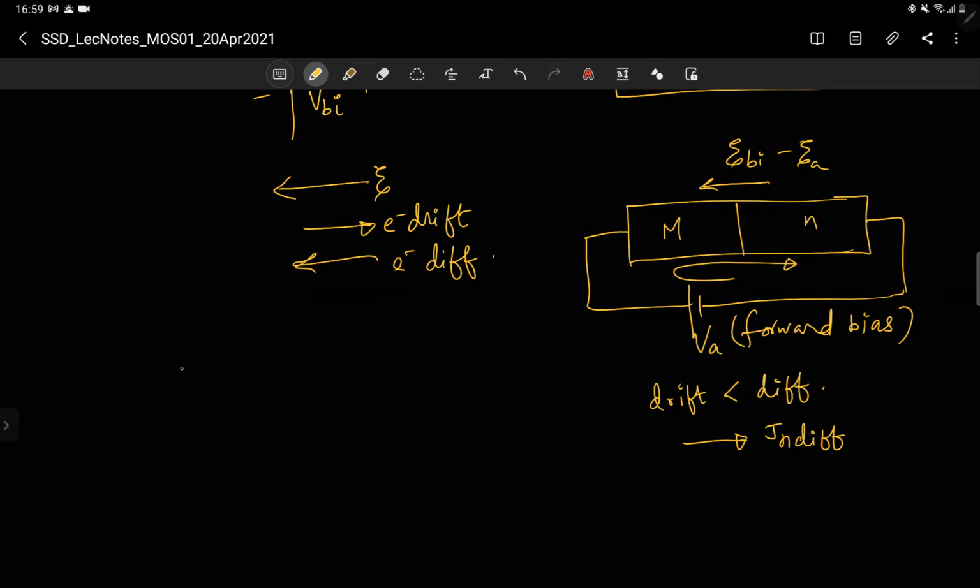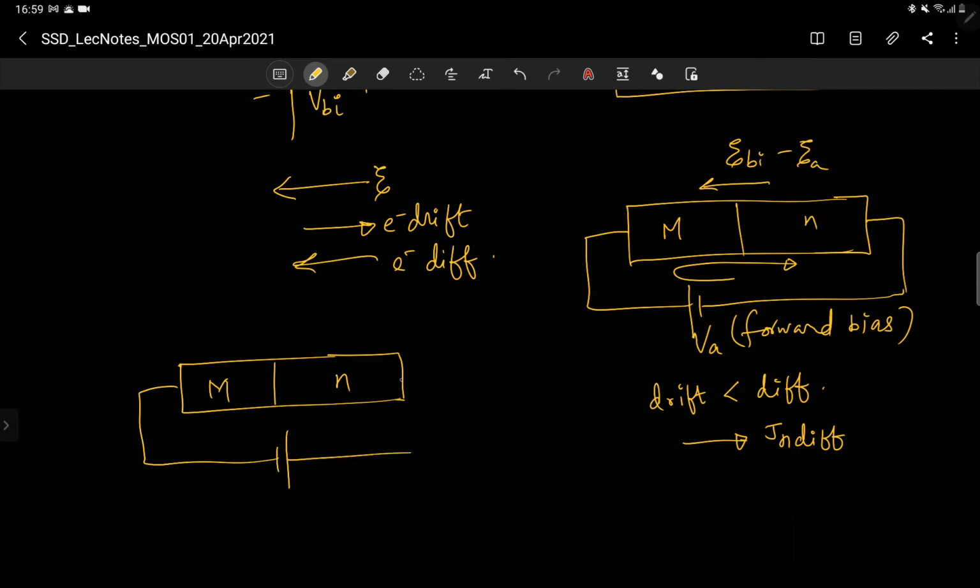Now what happens in reverse bias? Why is it behaving like a rectifier, with rectifier characteristics? So we have metal and N type. This is VR, reverse bias. Let me call it VF maybe.